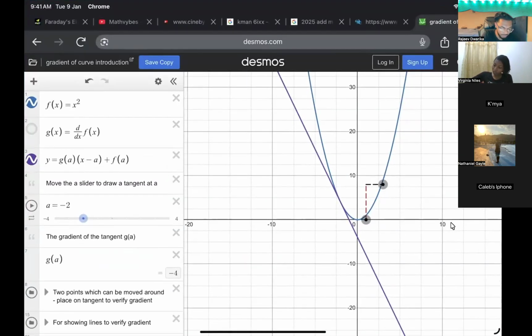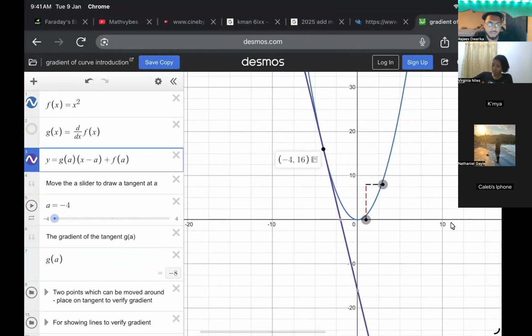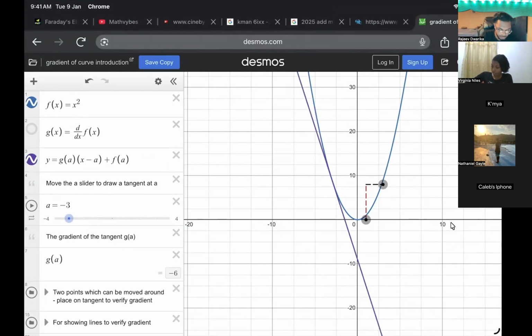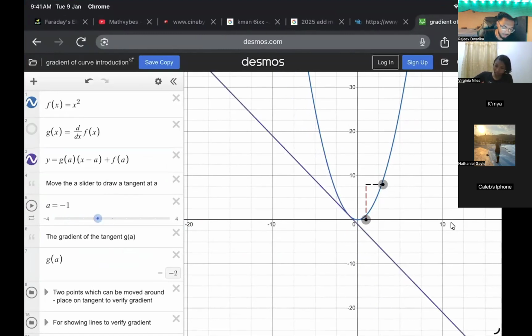Let me show you what I mean. Look at this again. What is x over here? At that point, what's x? -4. What's x over here? -3. Is the gradient the same? No, sir. What's the x value there? -1.